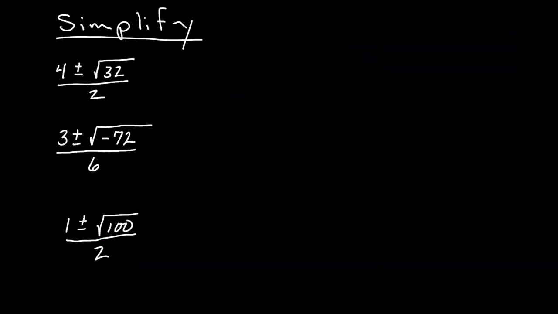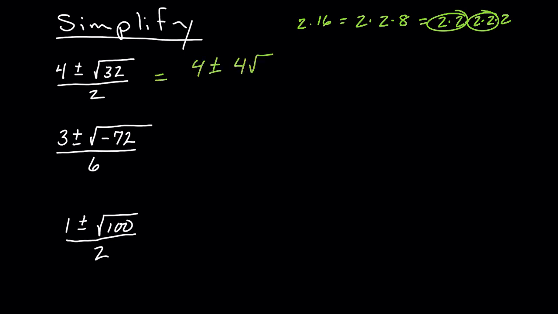So let's think about this simplifying thing. If you take 4 plus or minus square root of 32 over 2, well, 32 is 2 times 16, which is 2 times 2 times 8, and 8 is 3 2's multiplied together. All right, well, you got 2 pairs of 2's, so this ends up being 4 plus or minus 4 square root of 2 over 2.